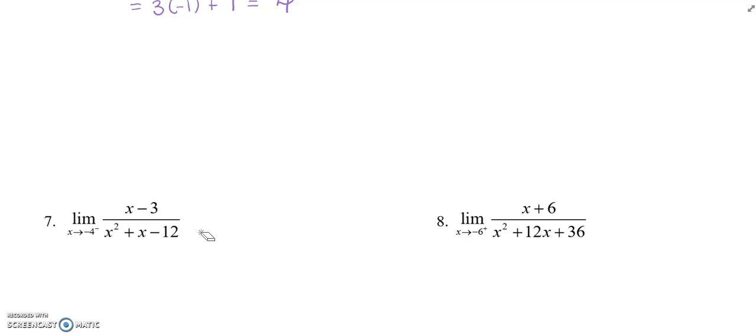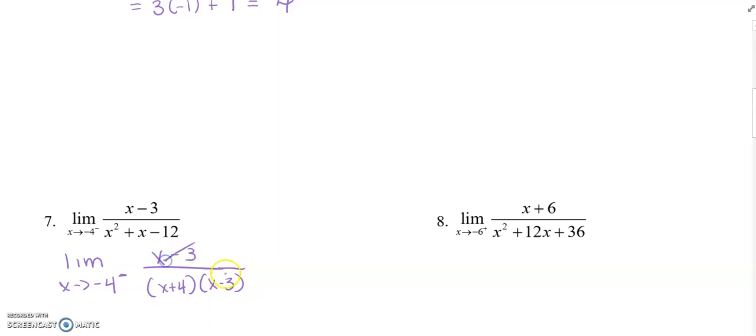I'm going to use my factoring skills from prior teachers and factor that denominator. Yes, the algebra skills are required for this course if that's what's going to help you survive calculus.